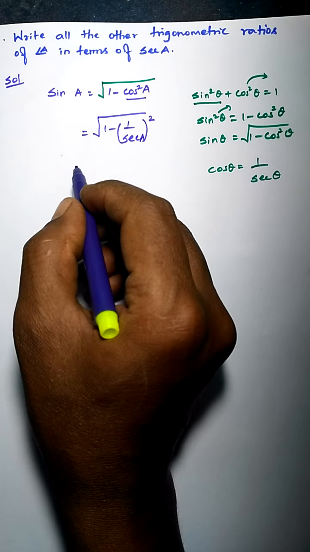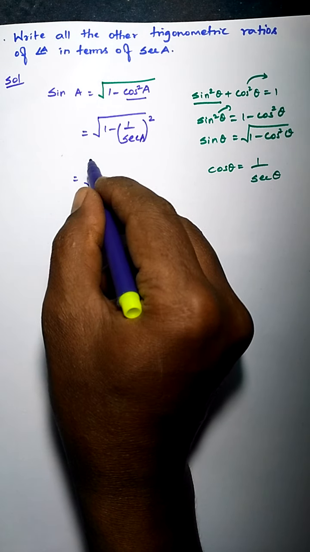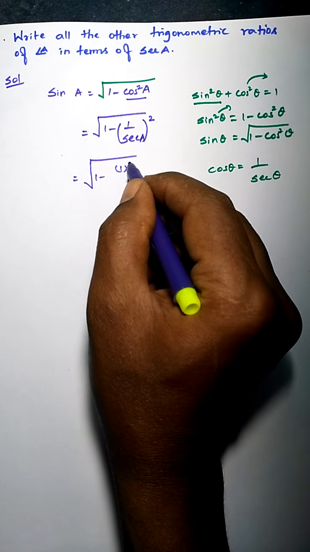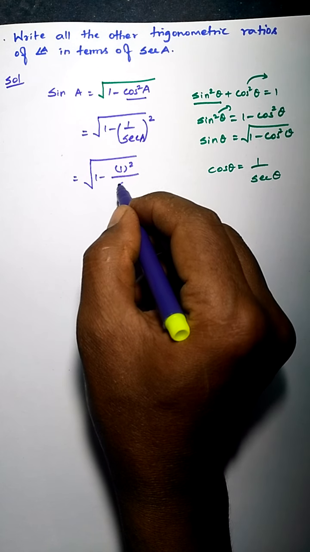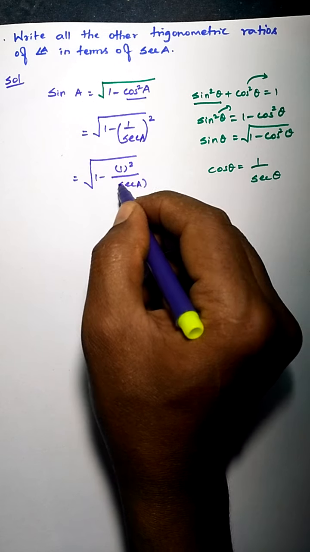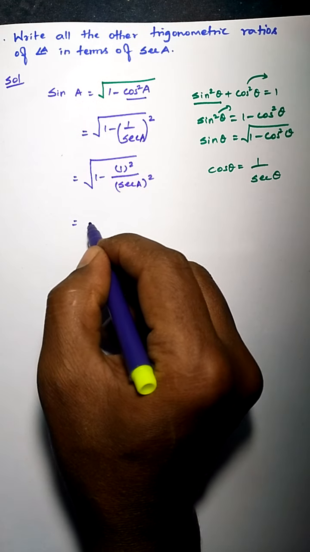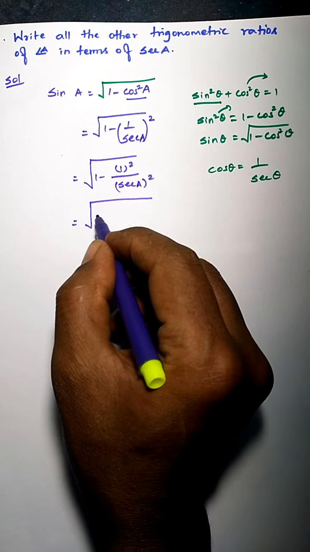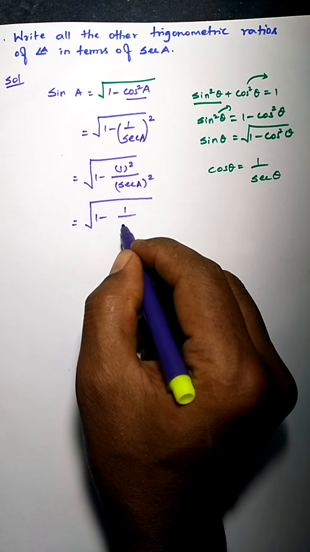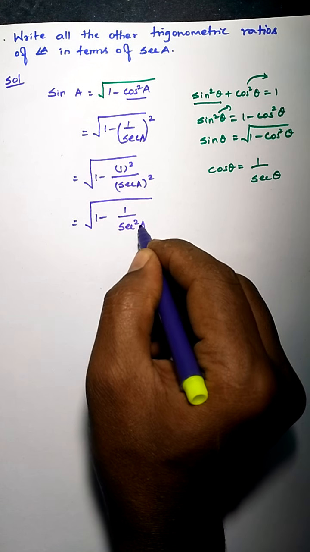Let's split that square now. If you split, 1 minus 1 square by secant square A, root of 1 minus 1 square by secant square A.